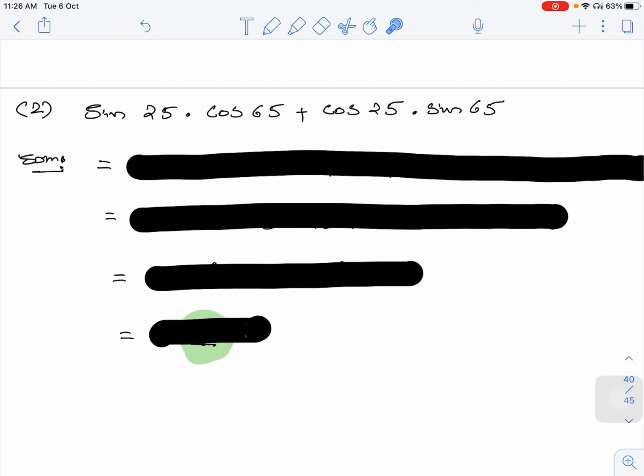Let us take the complement of the angle in any one of these. But remember, if you take the complement of 25 here, you have to take the complement of 25 only.